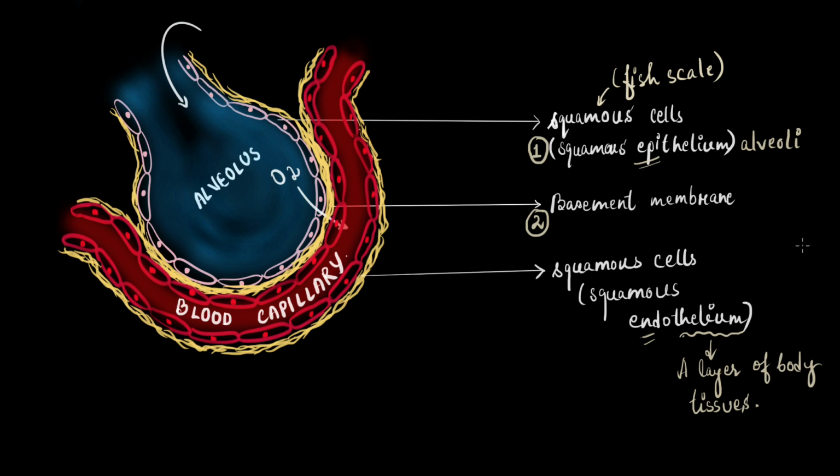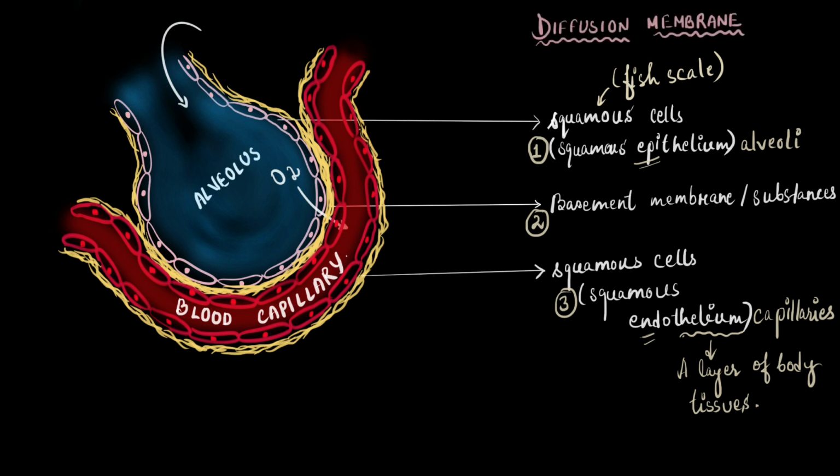So the basement membrane is also called basement substances. Next to the basement membrane we have the squamous endothelium of the blood capillaries. And we call these three together the diffusion membrane, through which the gases can diffuse.